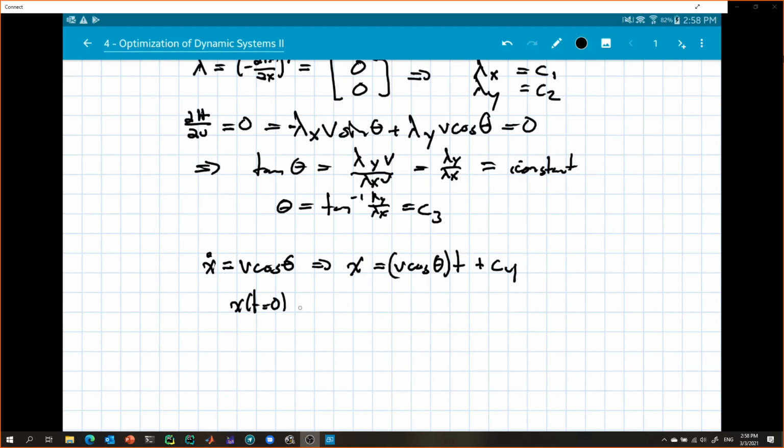And then x at t equals tf is equal to xf. Therefore, we have V cosine theta times tf is equal to xf.